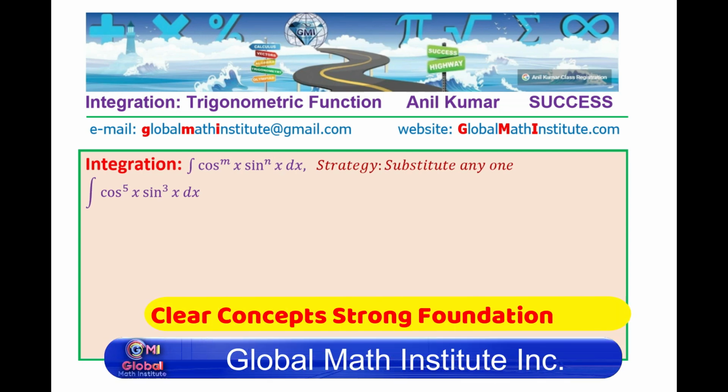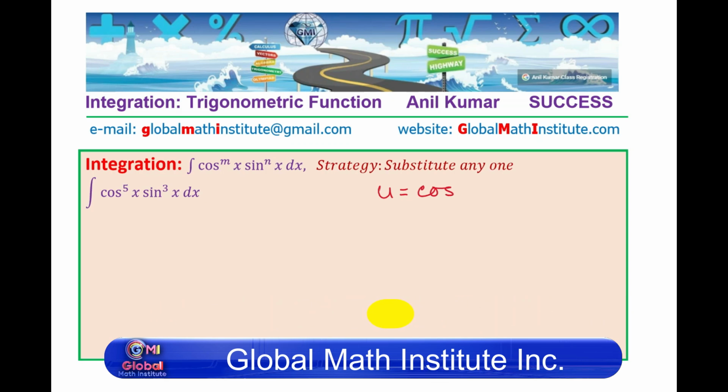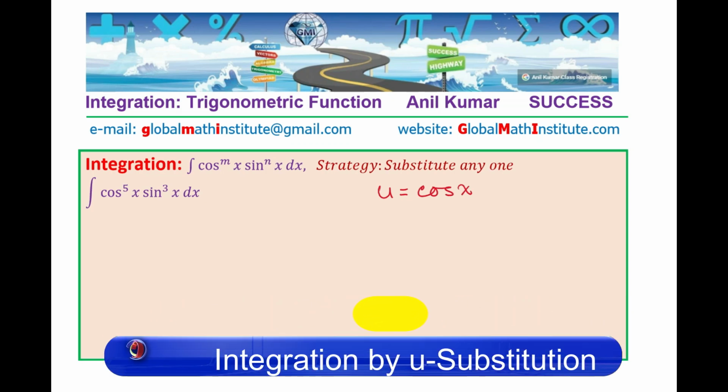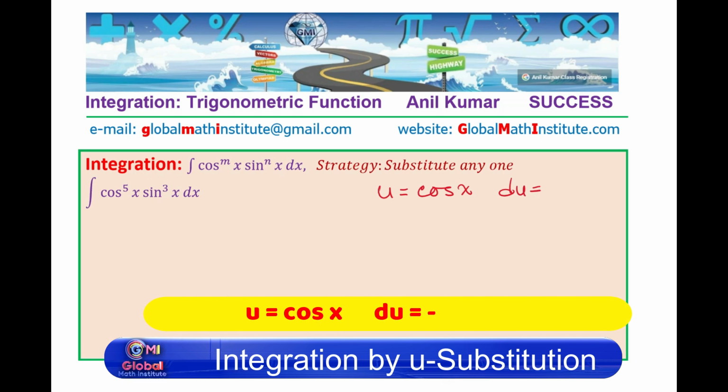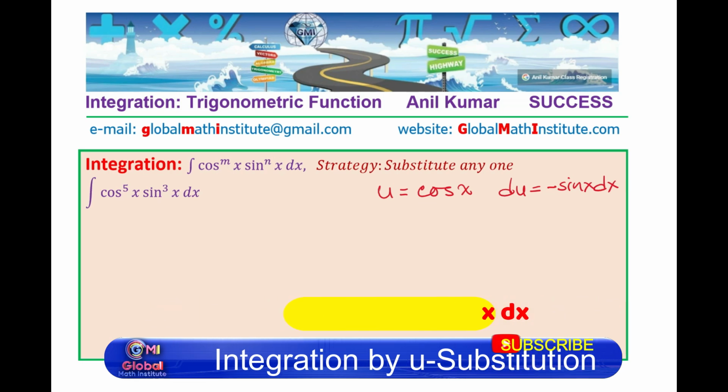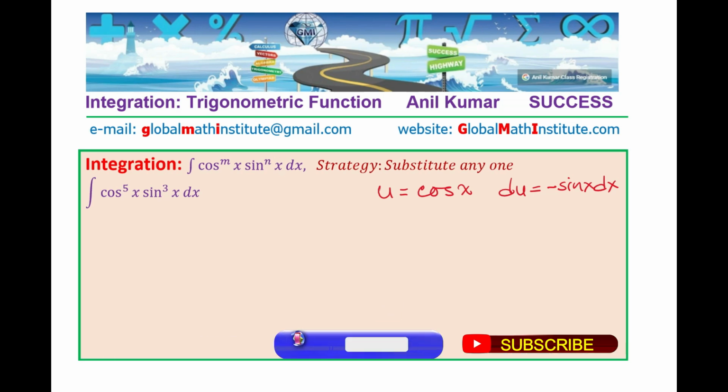Okay, so in this case, how do we work? So now let us take u as equal to cos x. In that case, du will be equal to minus sine x dx, correct? And so we have taken care of one of them.